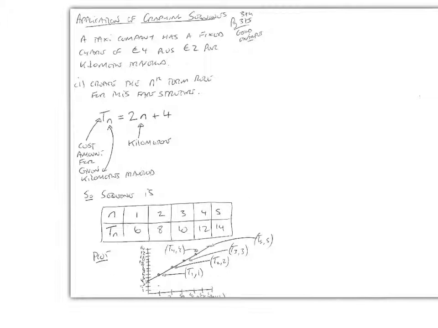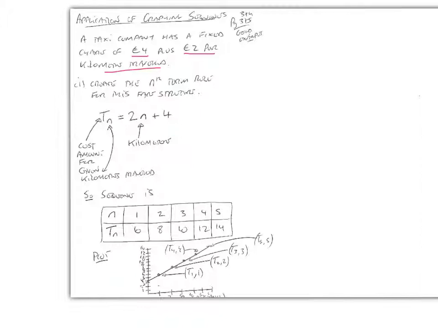And let's take a moment now to look at an application of graphing sequences. You can look at pages 374, 375 in your textbook if you're in junior cycle for good examples. A taxi company has a fixed charge of €4 and €2 per kilometre travelled. Create the nth term rule for this fare structure.